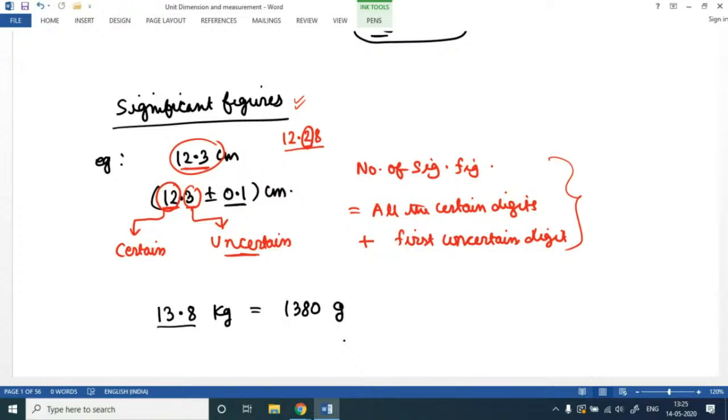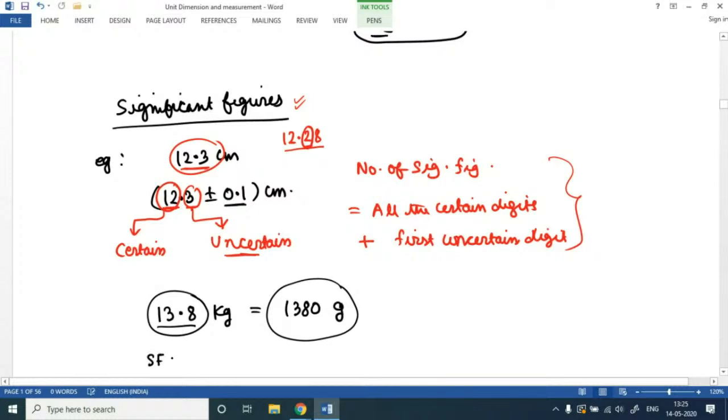So the idea here is, whatever is the number of significant figures in 13.8 kg, the same would be the number of significant figures in 1380 gram. And you should realize the number of significant figures clearly in this is 3. So we must frame some rule which will say that the number of significant figures in this is only 3 over here.